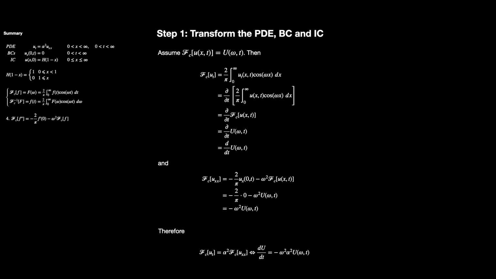Using the definition of the Fourier transform, we can pull out the differential operator, the partial with respect to t. Then the internal integral becomes the Fourier cosine transform of u, which we defined to be capital U, so we substitute that assumption.